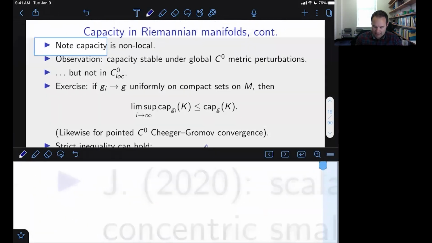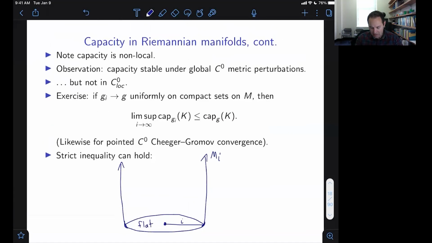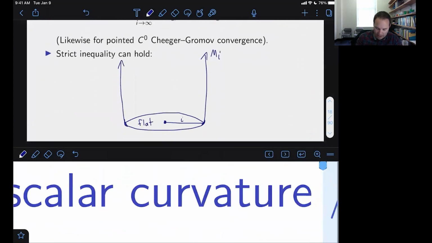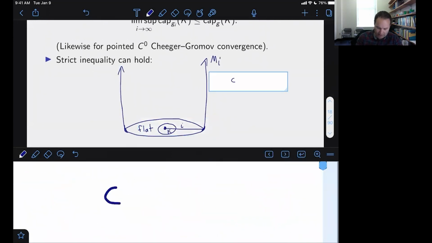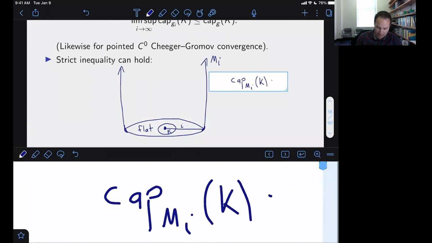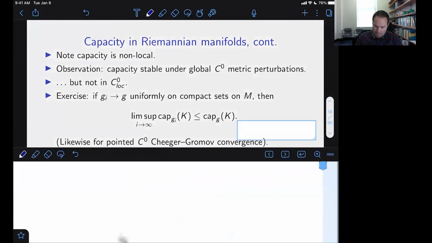In this case, if this is your space Mi, then because of the cylindrical end, the capacity of any set is going to be 0 for each i. So let's fix a specific K there. The capacity in Mi of K is 0, that's just forced by the cylindrical end.